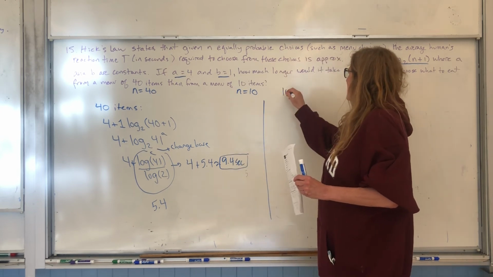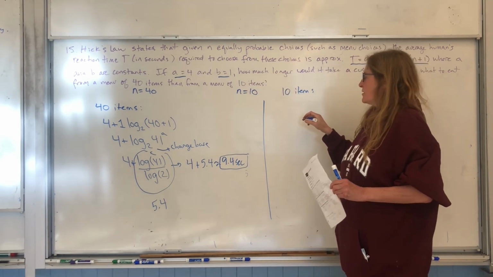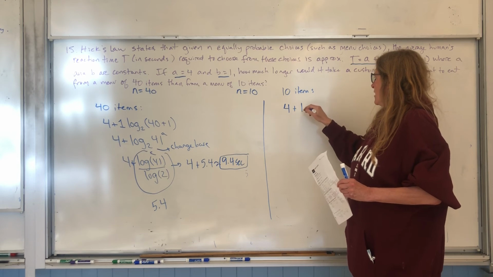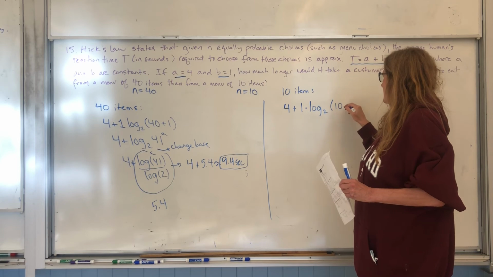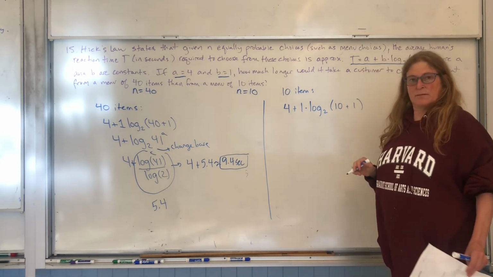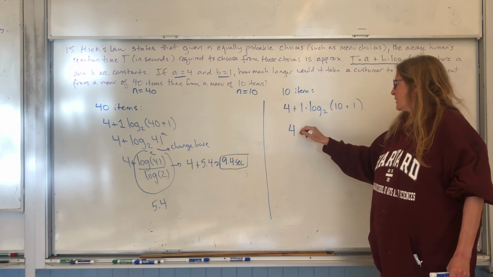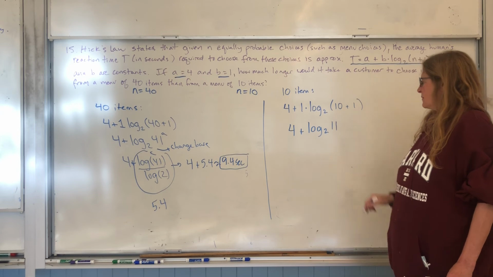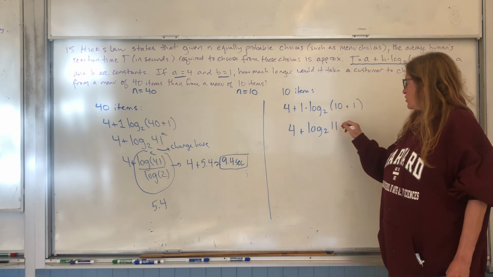Okay, let's do 10 items. A is still 4 and B is still 1. So I'm going to do 4 plus 1 times log base 2, and this time N is 10. Again, that 1 doesn't really make a difference. Here I'm going to do the change of base.